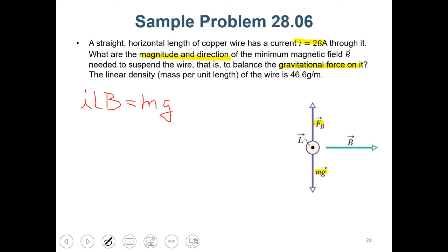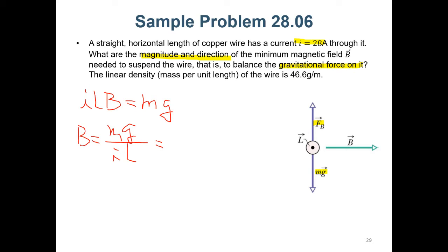So B will be mg over IL. Actually we don't really need to know the length, because the length will cancel with itself.